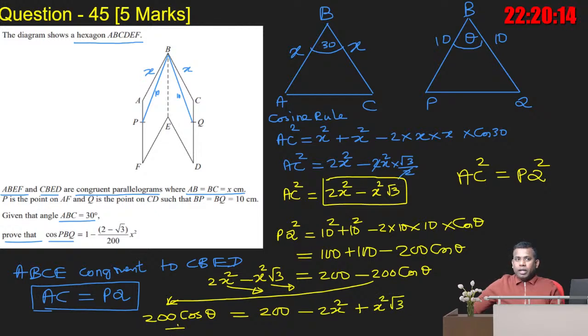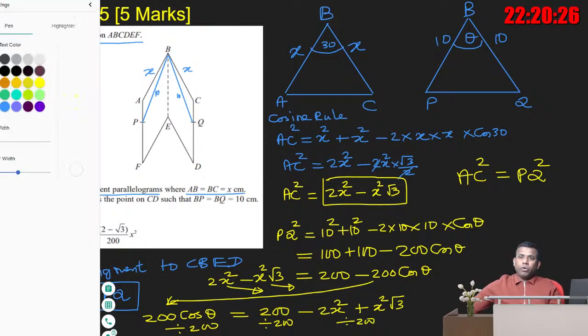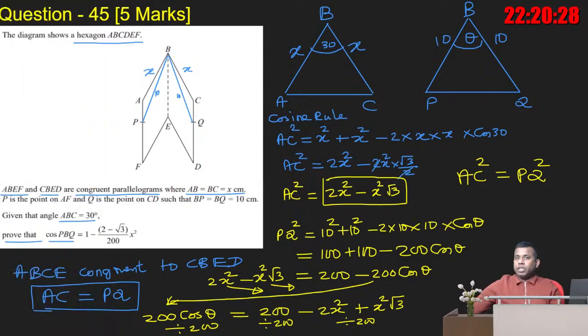Now I'm going to divide all of them by 200. I don't have enough space, so I'm using this white space. I have come to a stage: cos theta equals 200 divided by 200, which is 1, then minus, if I factorize x squared, 2 minus root 3 over 200.